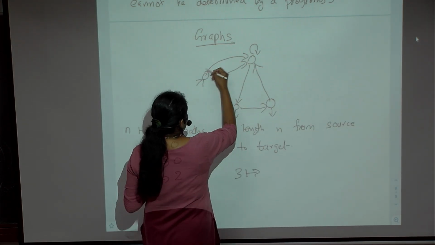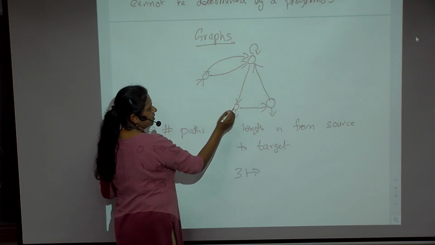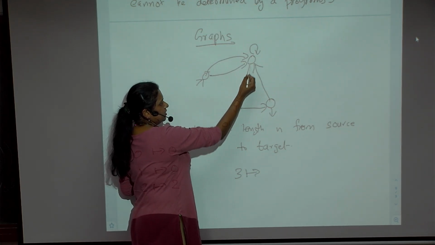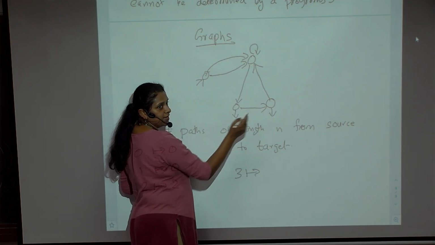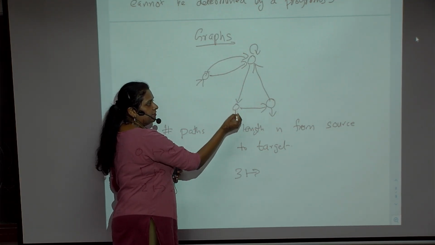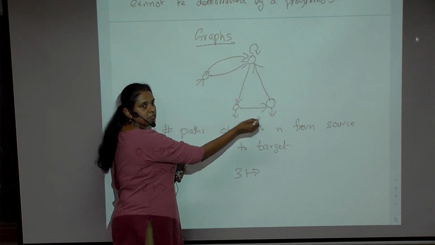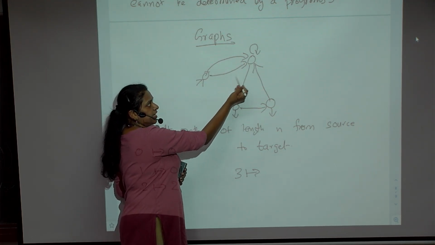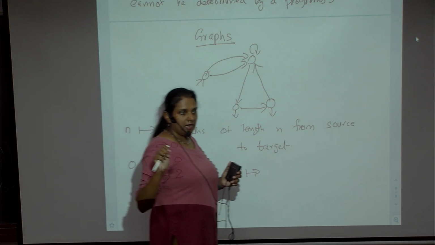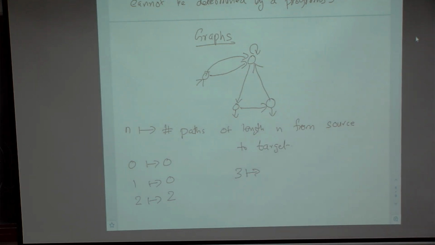So I come here, I take this, I come down here. So that's one path of length 3. I come here, I come down here, I go there. That is another path of length 3. So already by starting with this one, I have 2 paths of length 3. Instead of this edge, I could have taken this edge as well. I will again get 2 paths of length 3. So total I will have 4 paths of length 3. Right?